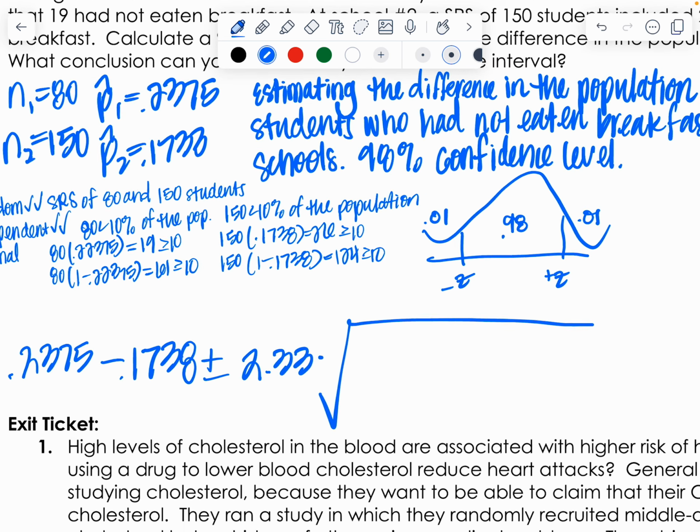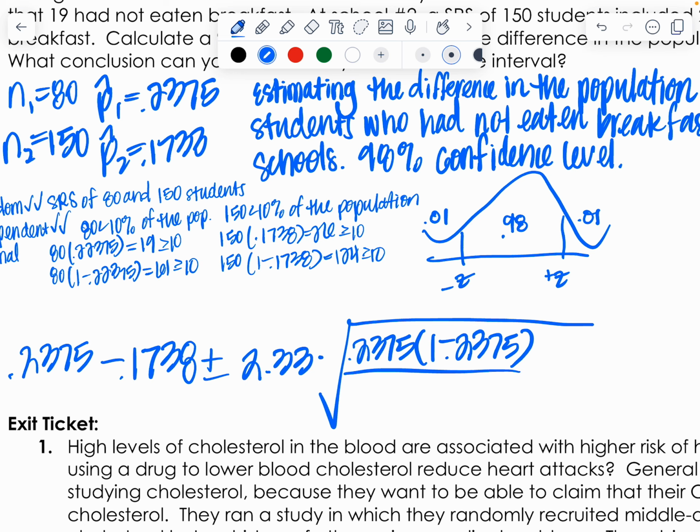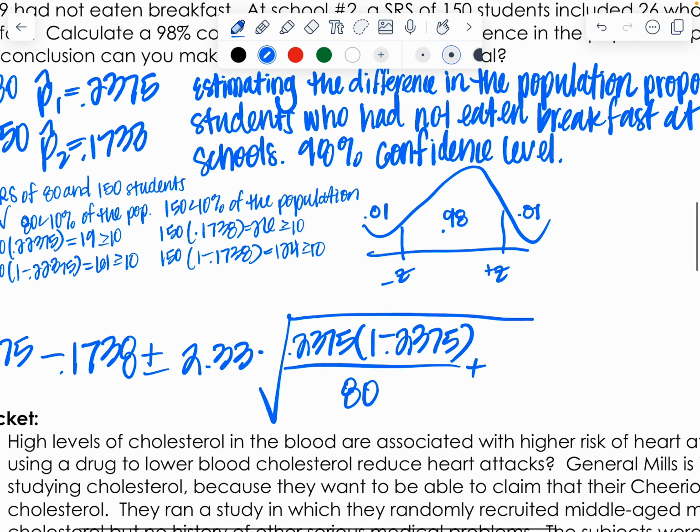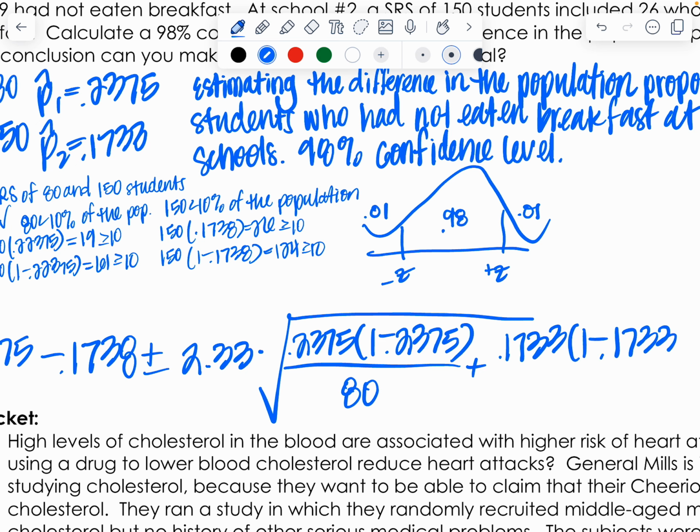times our great big square root, 0.2375 times 1 minus 0.2375 over 80 plus 0.1733 times 1 minus 0.1733 over 150.